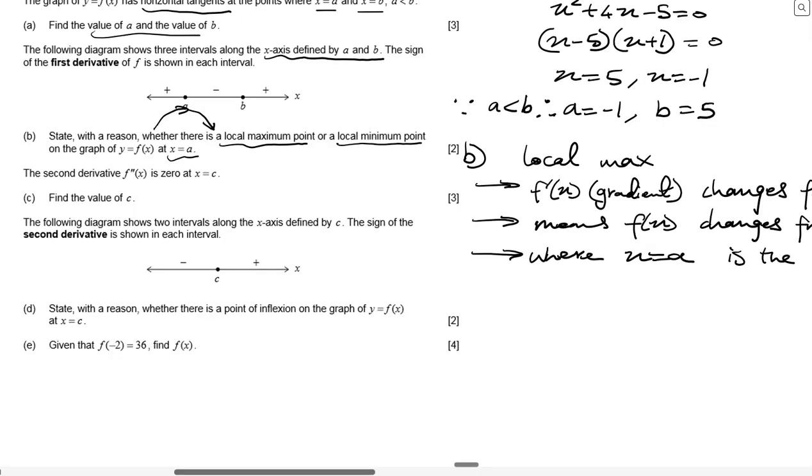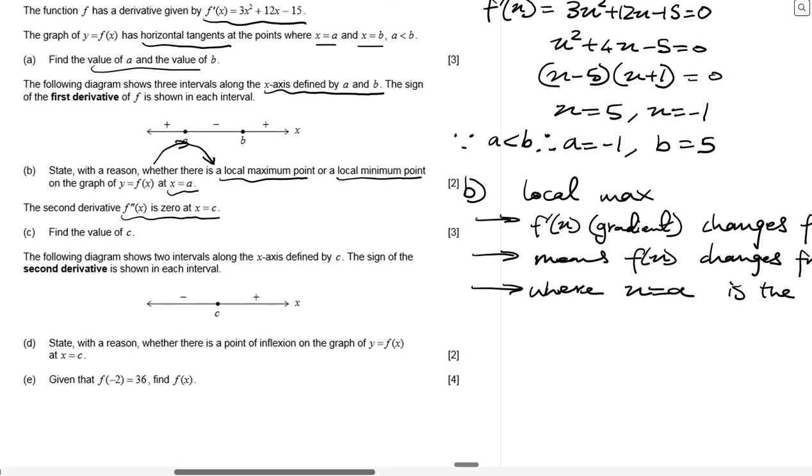And let's look at part C: the second derivative is 0 at c. Find the value of c. So the way to do this is to use our first derivative to determine our second derivative.